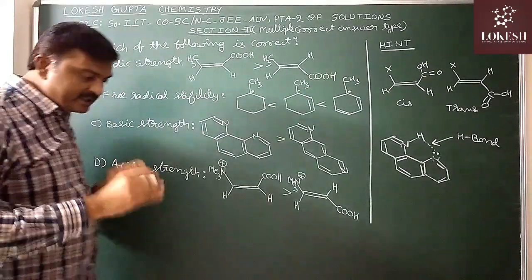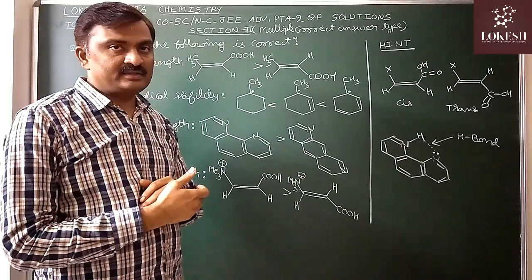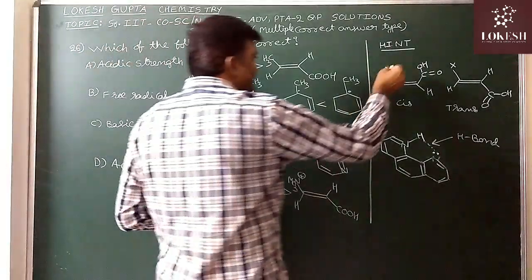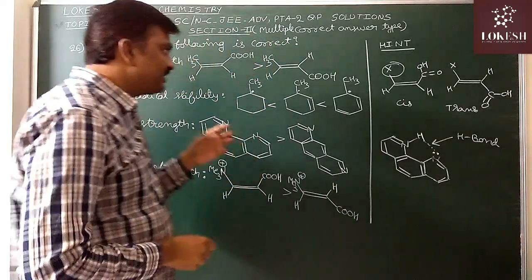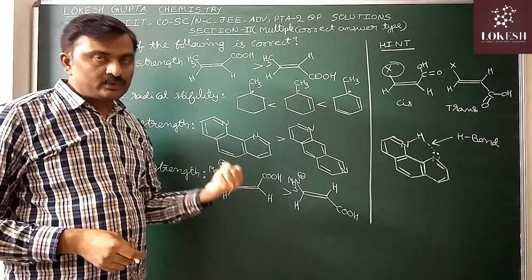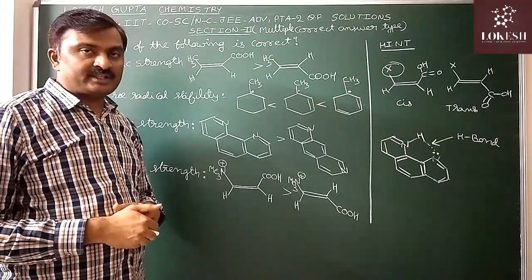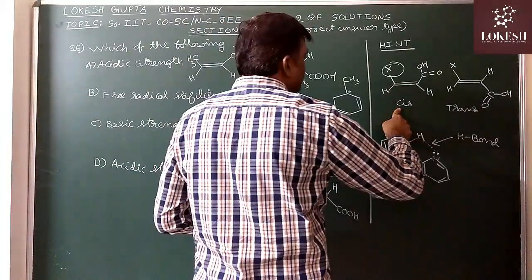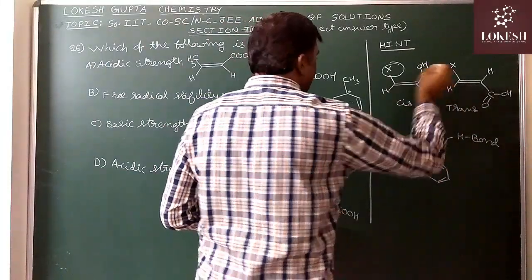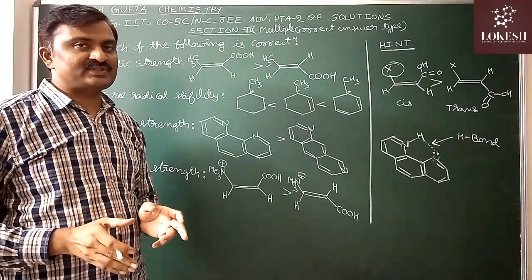Here also the cis isomer is more acidic than the trans isomer. See, in the case of alpha beta unsaturated carboxylic acid, irrespective of the nature of the substituent present at the beta carbon, whether it is an electron withdrawing group or electron releasing group, the cis isomer is more acidic than the trans isomer.